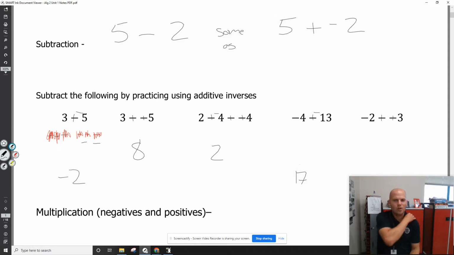I'm not even going to show you how to subtract the negatives. It doesn't make sense. You'd have to take away things, showing it with pluses and minuses. It's tough to do. It's easier to just say subtracting a negative is the same as adding a positive. 2 negatives, 3 positives, 2 of them are going to cancel. I'm left with 1 positive.